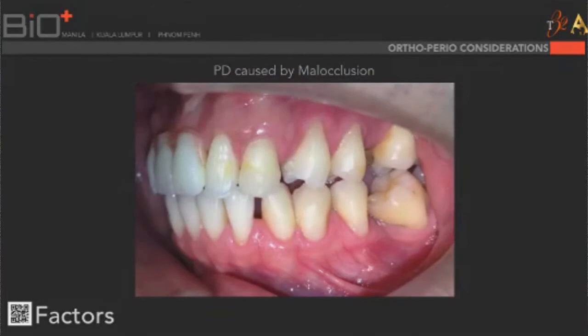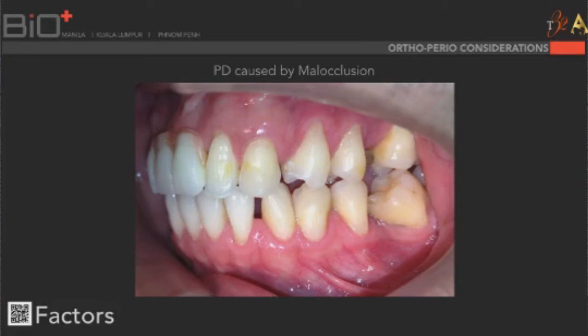Okay, another periodontal disease caused by malocclusion. Loss of lower 6 in this patient. As you can see here, generally it's straight. All these teeth are upright. But I think what happened along the timeline of this patient was he lost his lower 6, and after the loss of lower 6, this molar here basically tipped forward, not only because of the wrong positions, and we know all of that, right?